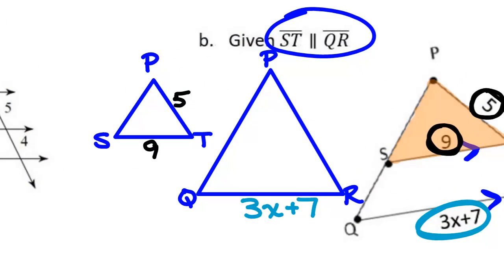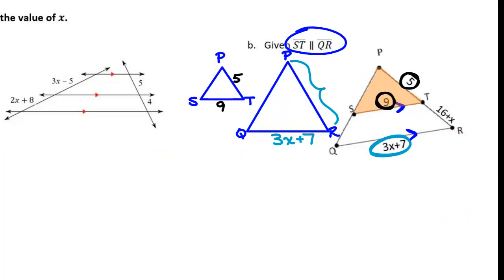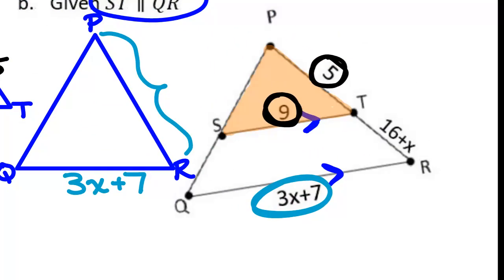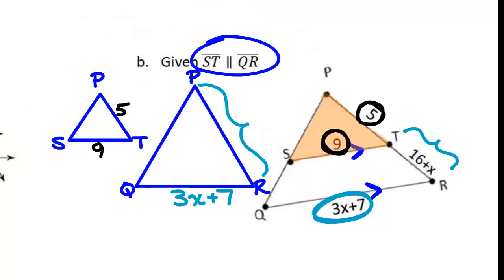And then I need side PR, which it doesn't give to me, but it gives me the information I need so that I can figure it out. 16 plus x does not go all the way from P down to R. 16 plus x is just this right here. But if you look, the side of the triangle goes from P all the way down to R.